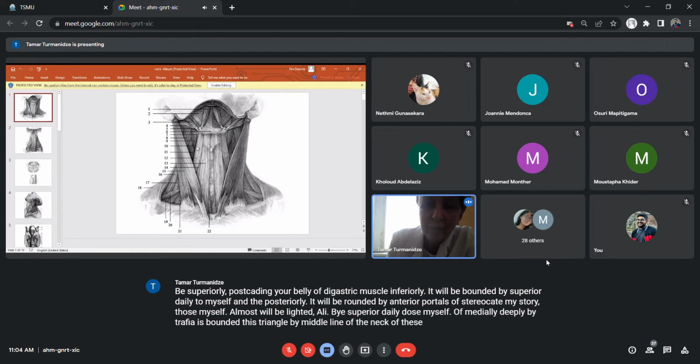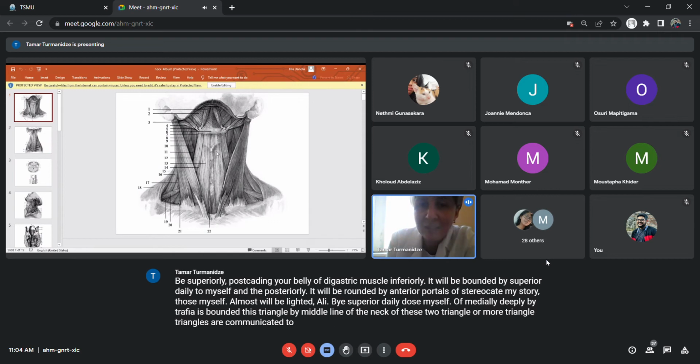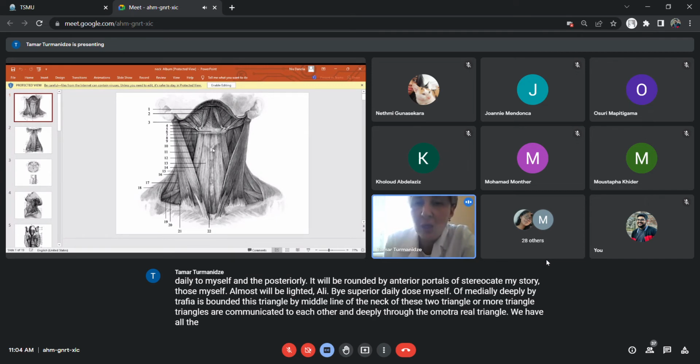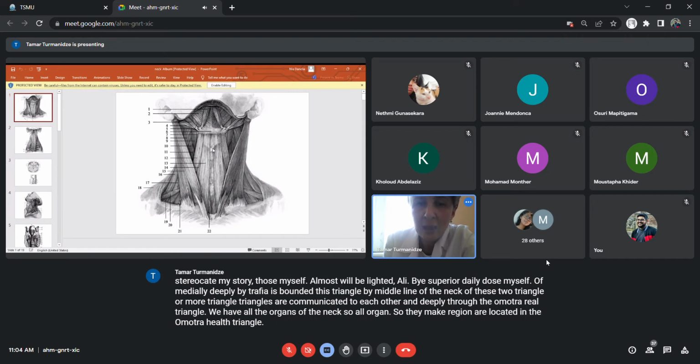These two omotracheal triangles communicate with each other, and deeply through the omotracheal triangle we have all the organs of the neck. So all organs of the neck region are located in the omotracheal triangle. Which organs? Trachea, esophagus, pharynx, larynx, and thyroid gland are present in the omotracheal triangle.